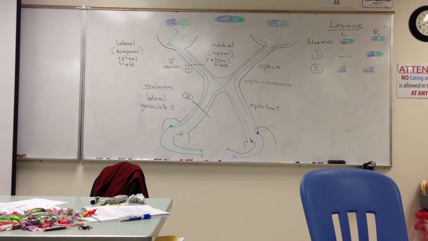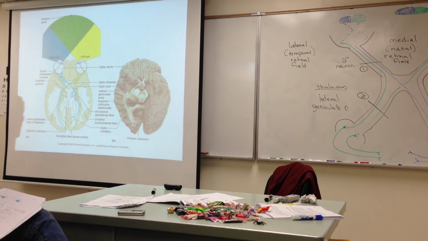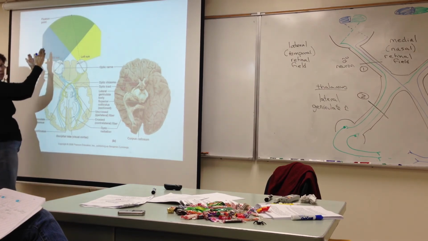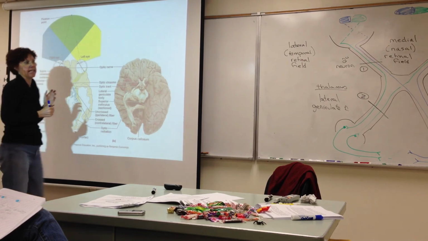I'm looking down from the top, so don't pay attention to the left and the right. I would only see this, because the right image is being processed in the left side of my brain, and it's not getting there. So if the left optic tract is cut and I'm looking at that image, I'm only going to see this area. All right? Now if I shift over, I can see that, but not if I'm focusing at the whole thing.